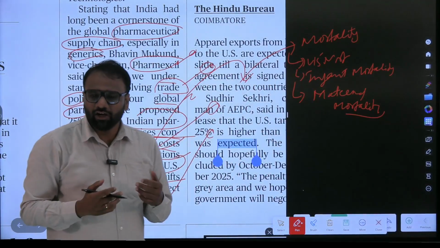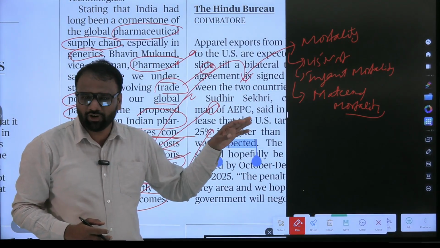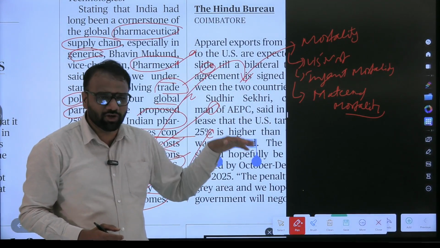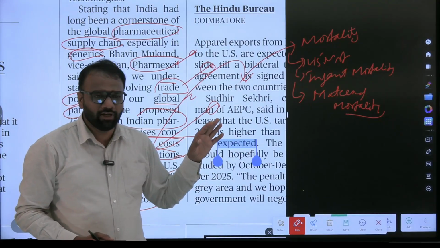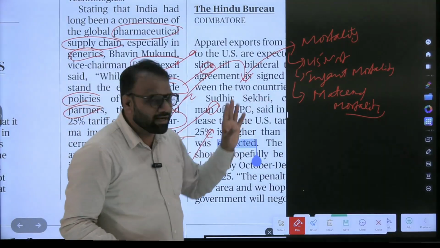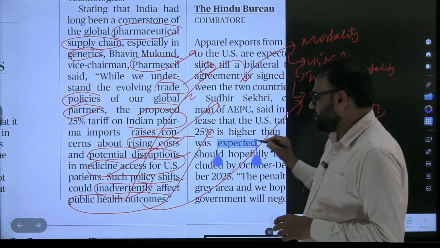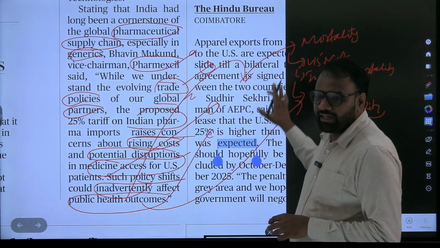Because of the lack of access to proper drugs, death may occur. For example, whatever death occurs during delivery, we call it maternal mortality. If a child does not get proper treatment, it will lead to child mortality. So all these are examples of public health outcomes, and it may affect all these aspects negatively.